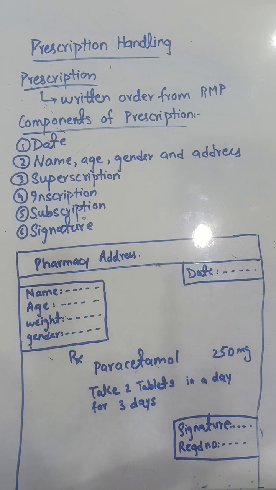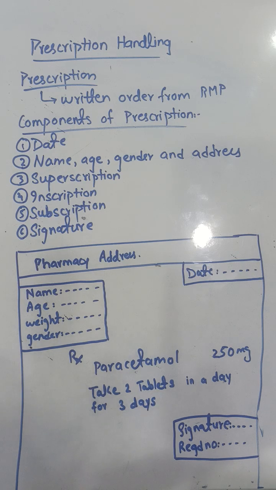Then the age is very important because a lot of drugs change for pediatric, meaning children, and for geriatric, meaning old people. So the age factor is very common in the patient, and we have to change the dose according to the patient's age.